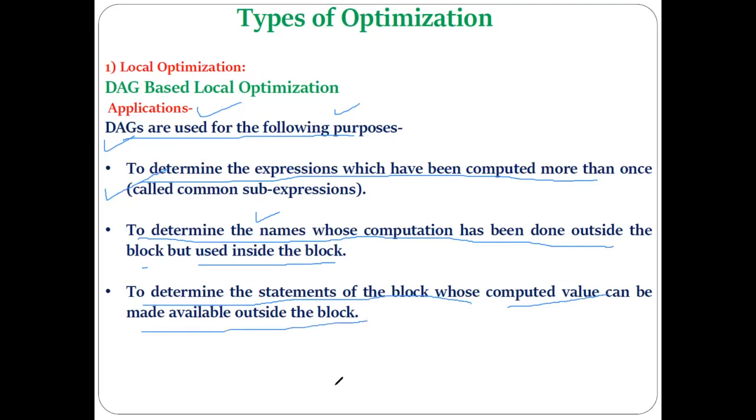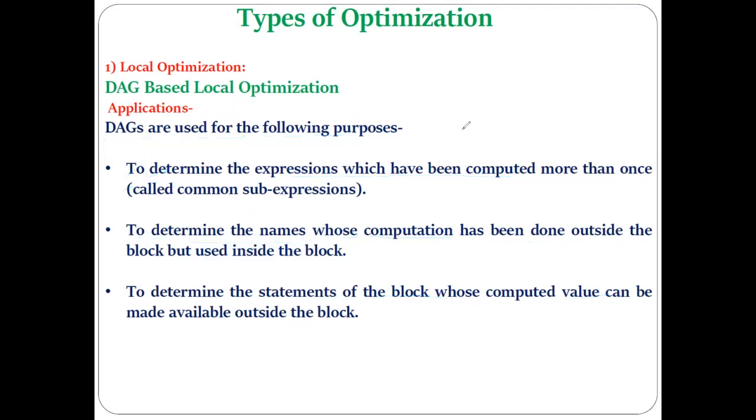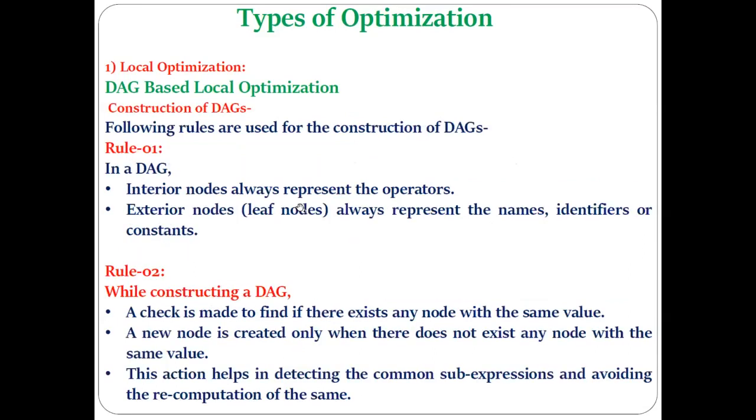So DAG is utilized for different purposes, but it is most applicable to the first application, that is to detect the expression whose value has already been computed. Such an expression we call a common sub expression. So for the detection of common sub expressions, generally DAG is most useful.